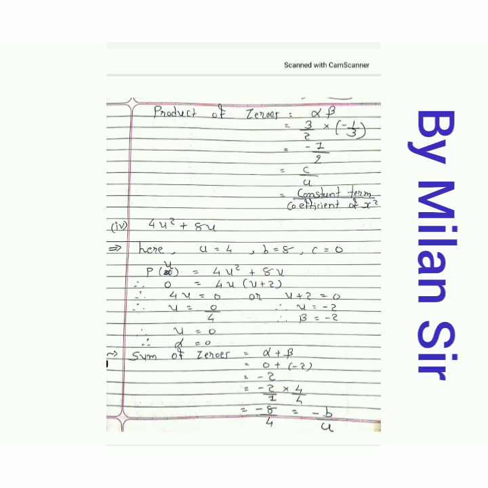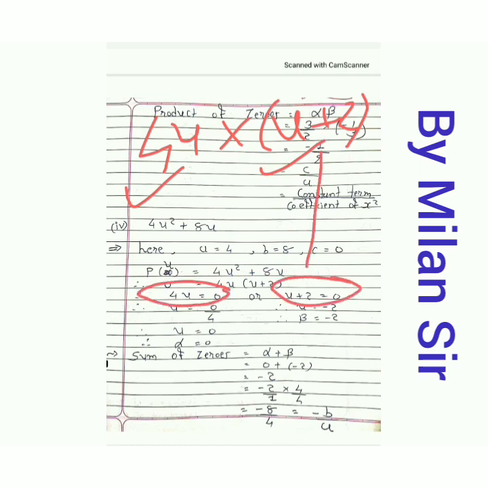Then here two things are there, one is 4u and the other is u plus 2, right? It means 4u multiply u plus 2. Now the left hand side answer is 0, so either the first part is 0, otherwise the second part is 0. Okay, so I have written here 4u is equal to 0, otherwise the second part u plus 2 is equal to 0.